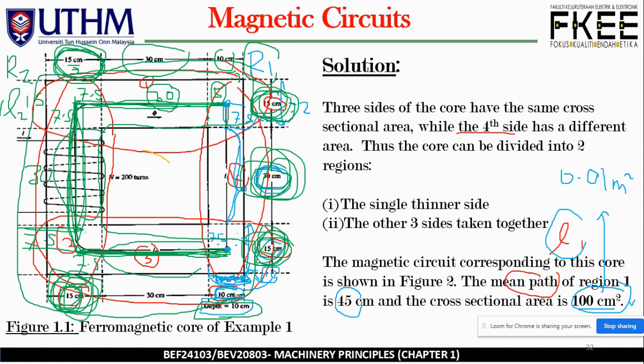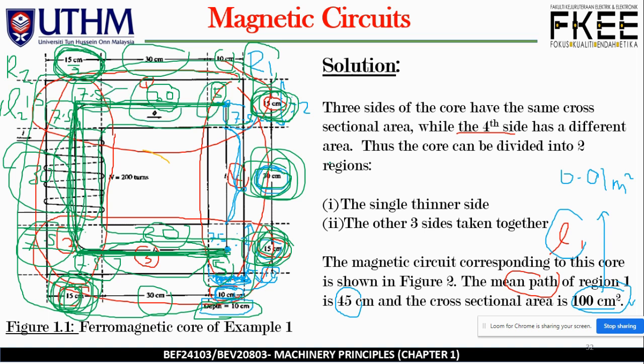Here along this way, we have 30 centimeter. And here we have 10 divided by 2, so we have 5 centimeter over here. Okay, 5 centimeter. So you just need to, okay, let me circle 5, 30, 7.5, 7.5, 30, 7.5, 7.5, 5.